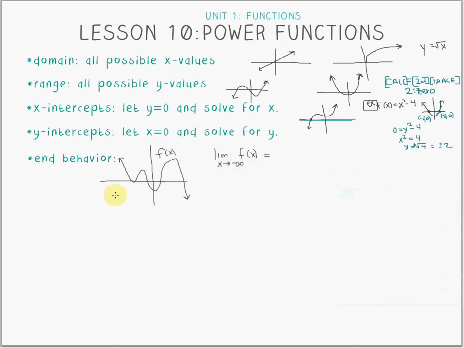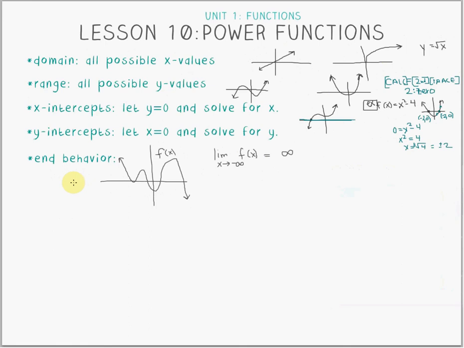So we look at this graph and think, okay, as x is going to negative infinity, what is happening to this graph? Well, as x goes to negative infinity, the y value is going to infinity. So the end behavior on that negative infinity side would be infinity. It would be going in a positive direction from this direction.